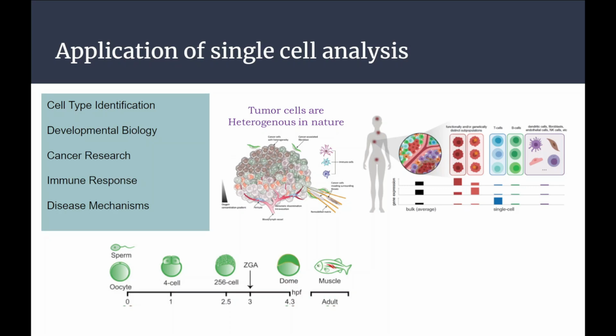We can also study disease mechanisms and do trajectory analysis, where we can see development, like how a cell migrates from one state to another, or how gene expression changes across conditions.